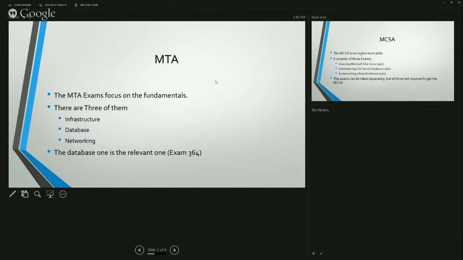So the MTA exams focus on fundamentals. And there are 3 tests: infrastructure, database, and networking. Actually, I think one of them is programming. I may have got that wrong. Let me go back.